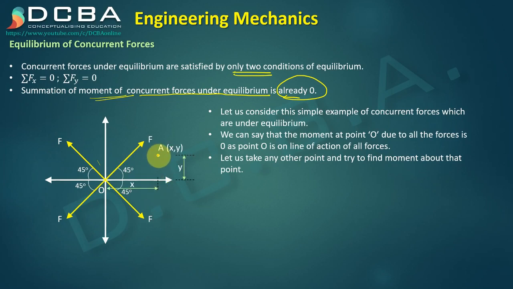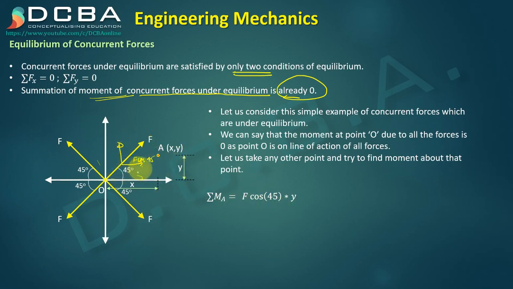Let us say this point A is at a distance of x and y, so the coordinates of point A are (x, y), and I will take moment due to all these forces about point A. Summation of moment at A. Due to the first force, if I resolve it into F cos 45 and F sin 45, F cos 45 multiplied by the perpendicular distance y is going to give an anti-clockwise moment about A. Understand this very carefully. So that is plus F cos 45 into y.